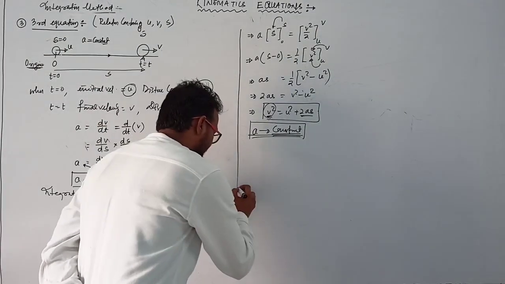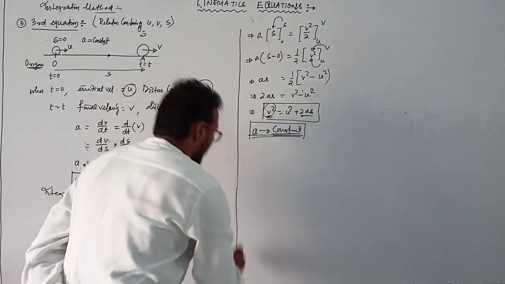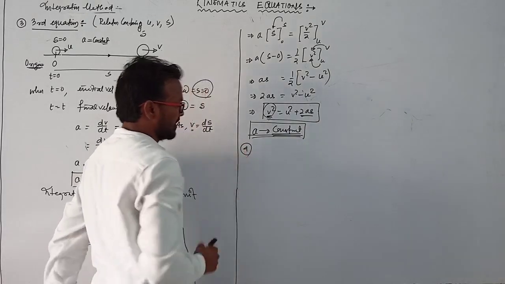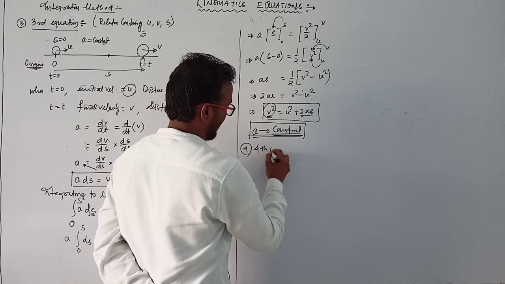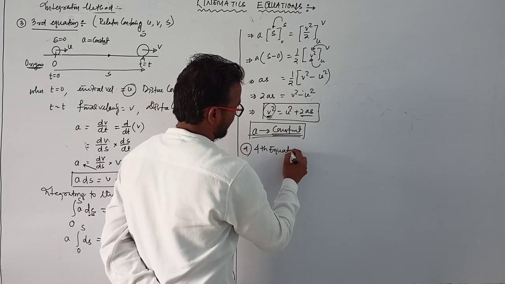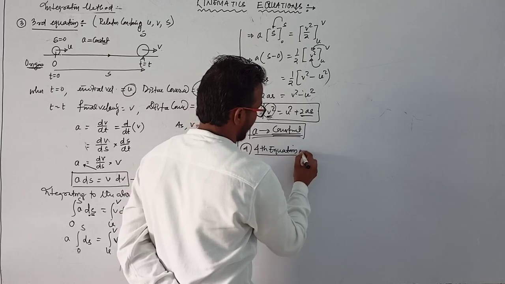Now the next relation, the fourth equation, is known as the fourth equation of kinematics, and this equation is very important.